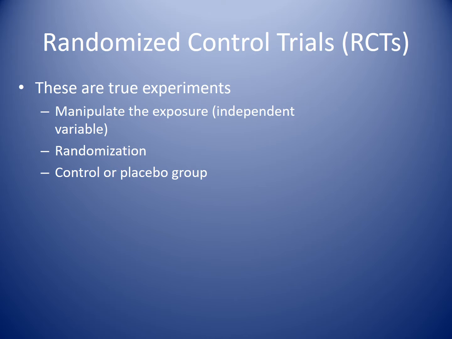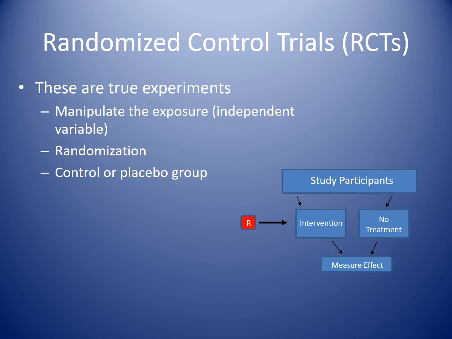All right, the fourth type of study that we're going to talk about is a randomized control trial. These are often abbreviated RCT. These are true experiments where you do some kind of manipulation of the exposure. You do something to the participants. There's also randomization and a control or a placebo group.